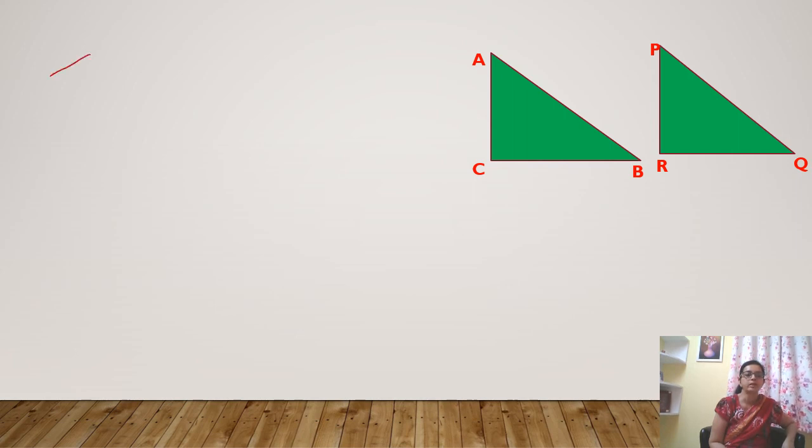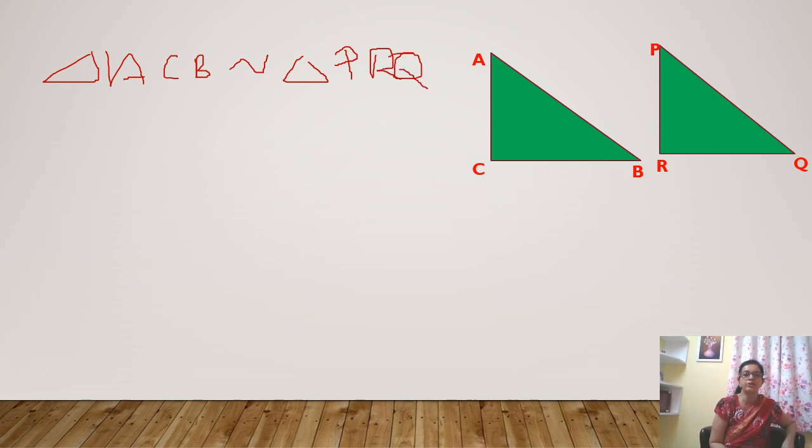Now, triangle ACB is similar to triangle. Don't change the correspondence. See, be very careful. A is corresponding to P, so here you have to write P. C is corresponding to R and B is corresponding to Q. And did you remember what we have to prove?